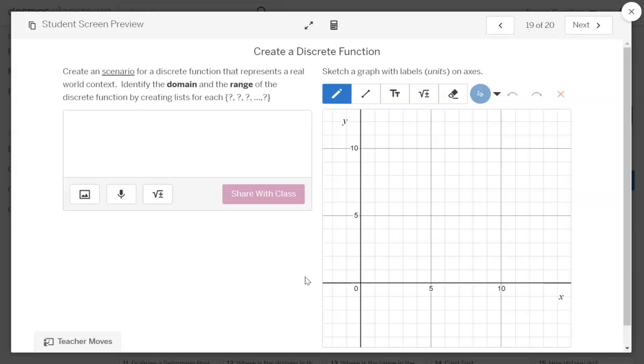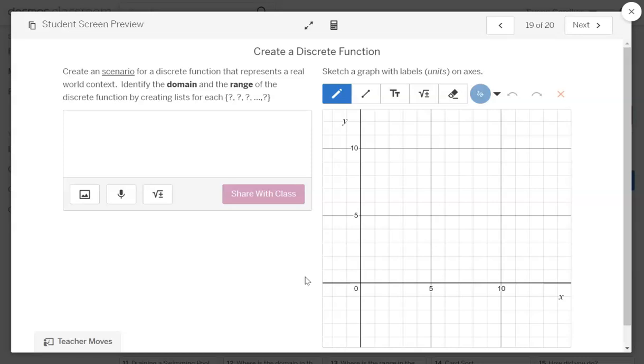So in this case, they could go back to that assignment where we went to the website and looked at all these different examples of discrete and continuous data, and they could go look at some of the discrete data in that assignment and maybe use one of those or something similar for their own scenario here.